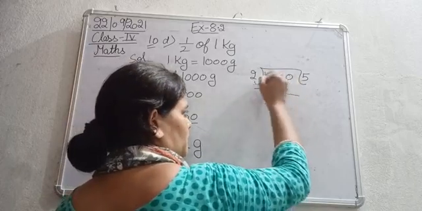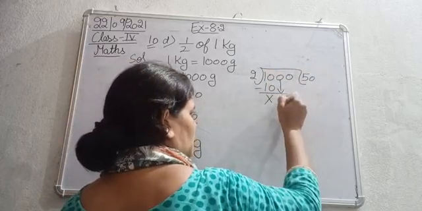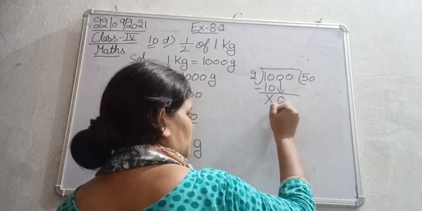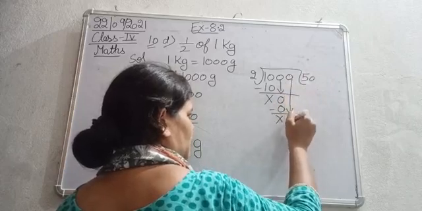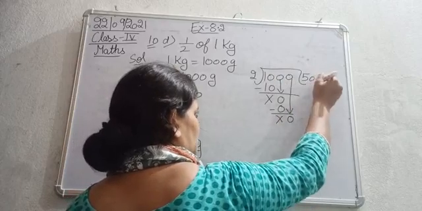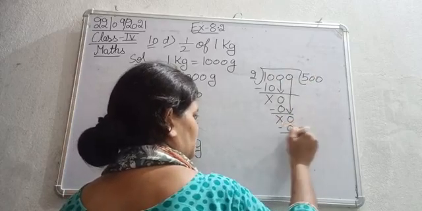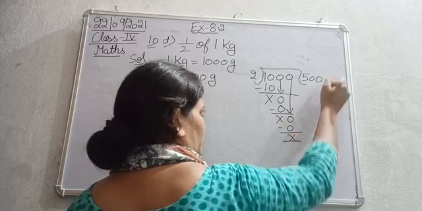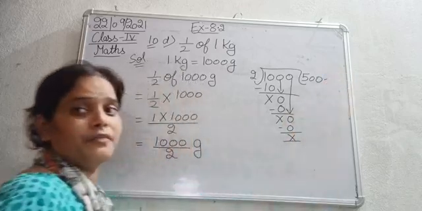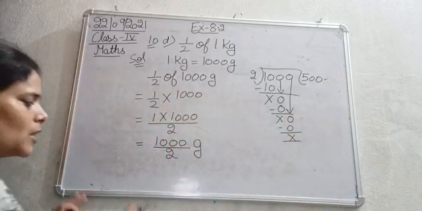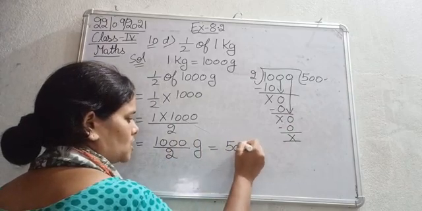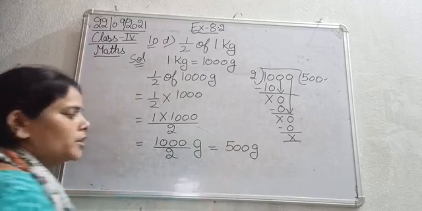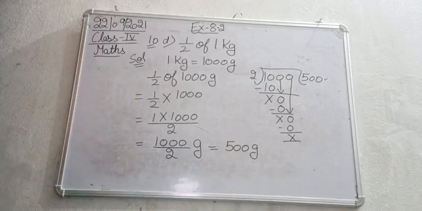Bring down the next number. 2 zeros are 0. Again 2 zeros are 0. We got 500. So 1000 upon 2 grams is equal to 500 grams.